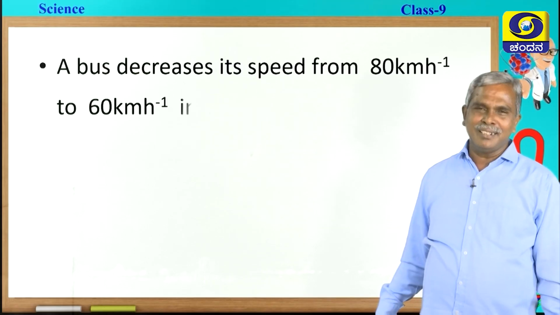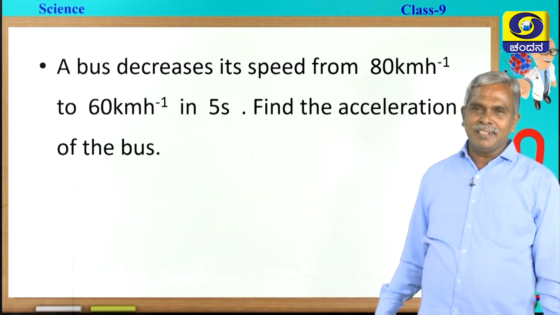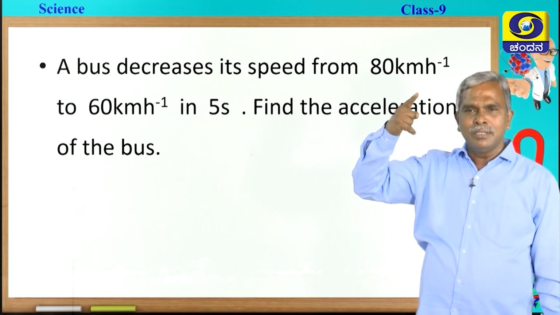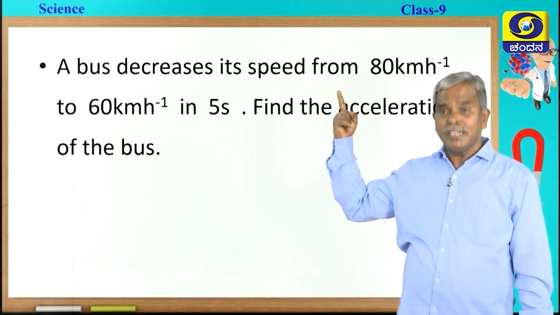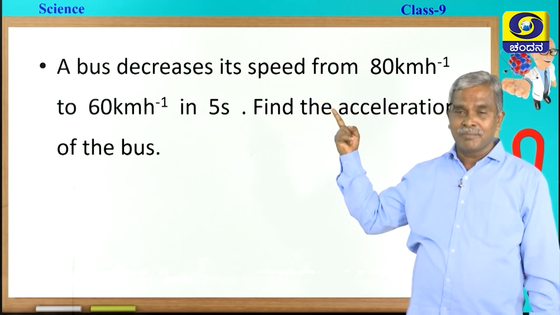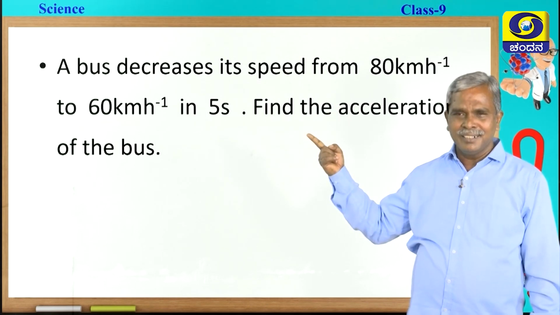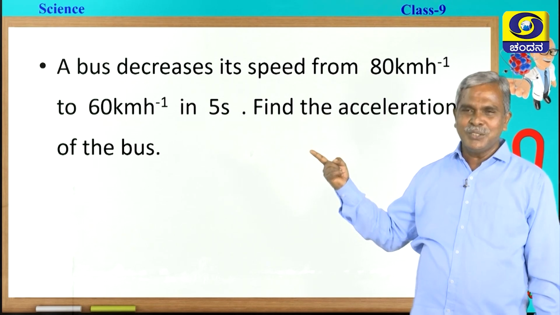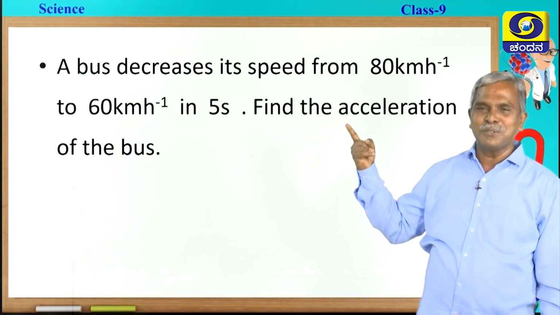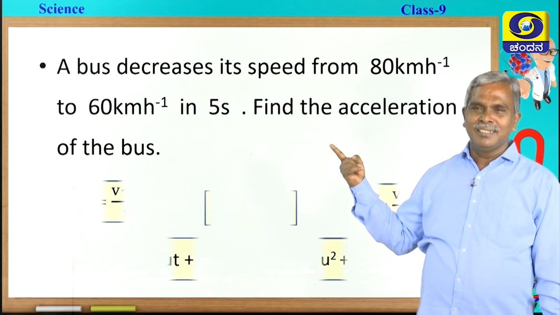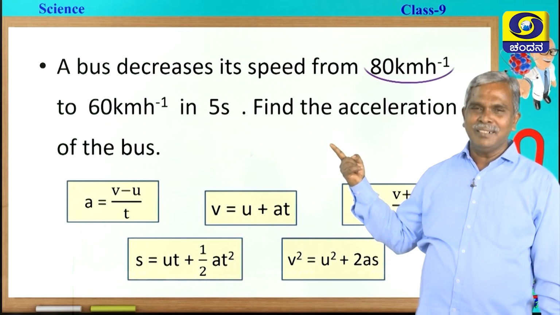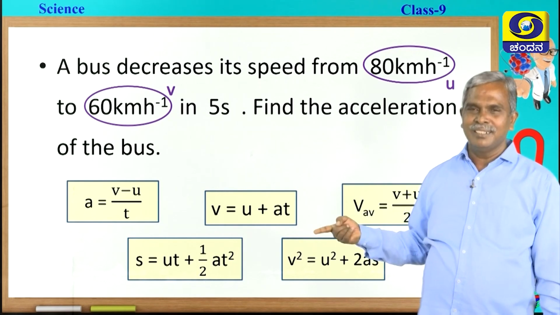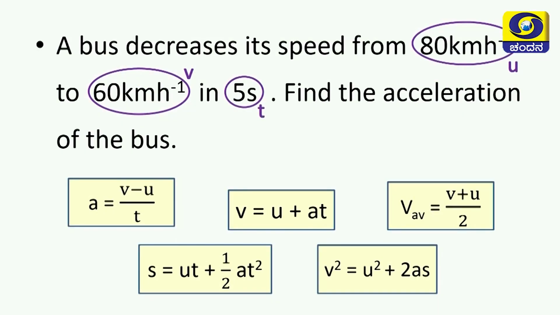Go to the next, third problem. A bus decreases its speed from 80 km per hour to 60 km per hour in 5 seconds. I mean u is given, even v is also given, t is given. You should find the acceleration, that means you are supposed to find a. Note down what they have given: 80 is u, 60 is v and t is 5 seconds.